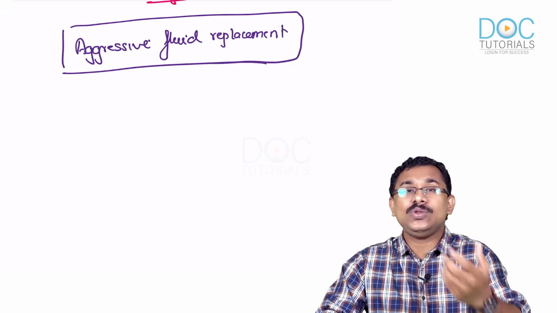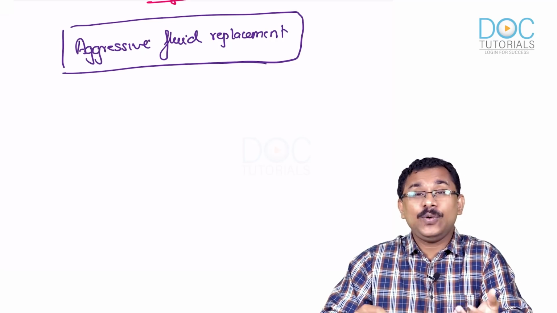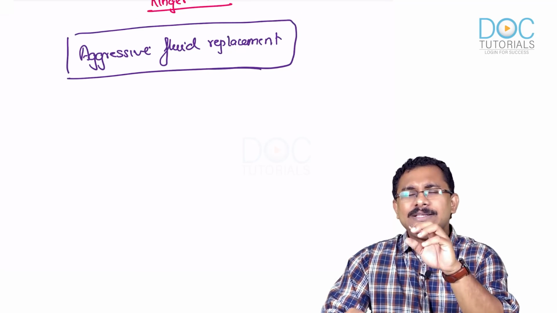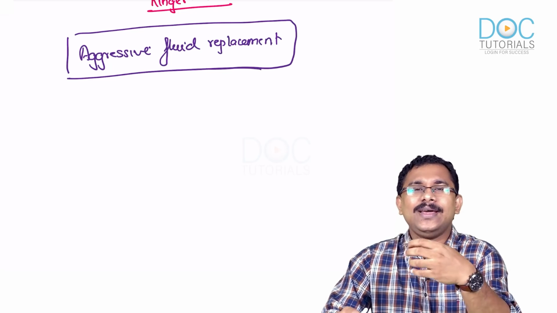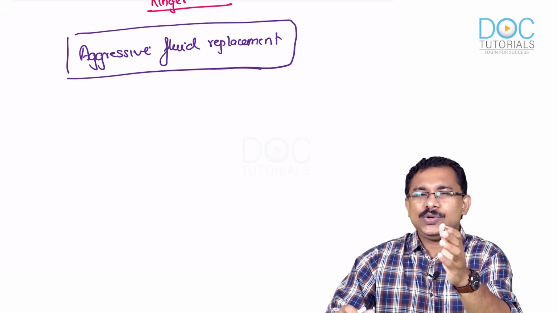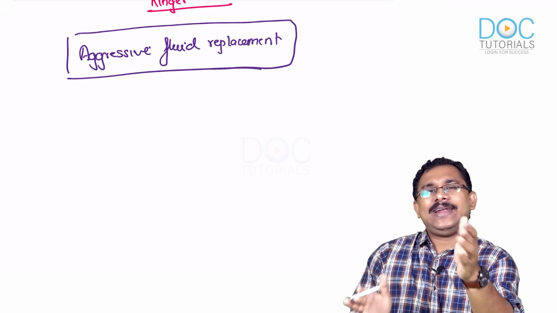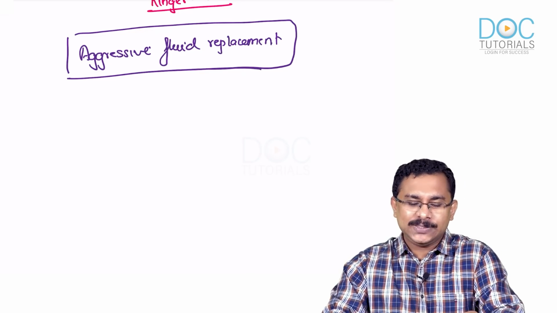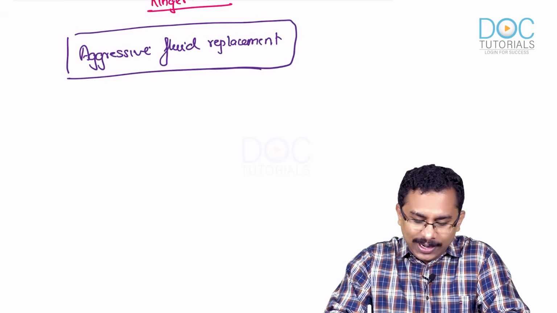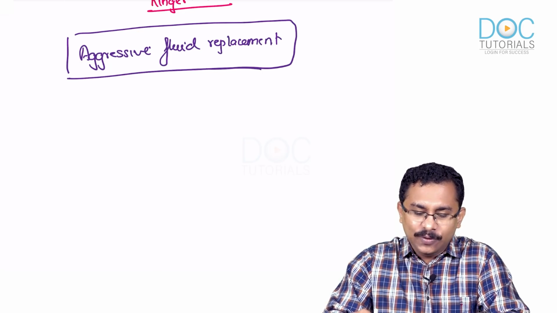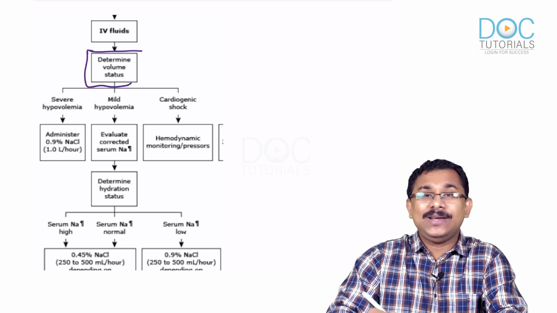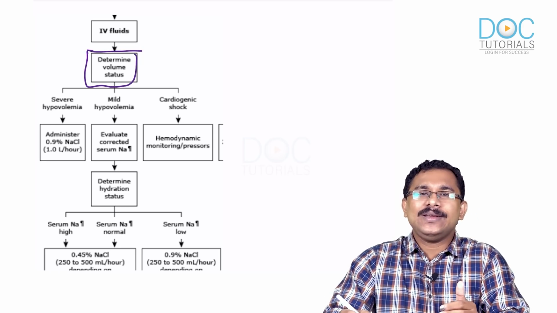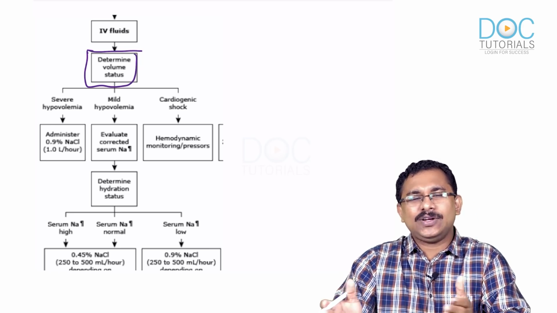And let's see how fast the fluid is being replaced. See, there is no definite single consensus guideline, though there are different proposed guidelines. You do not have a single accepted guideline for the fluid replacement. But I'll just give you an overall idea. So very important is to assess the volume status. I already told you it can be mild, moderate or severe.